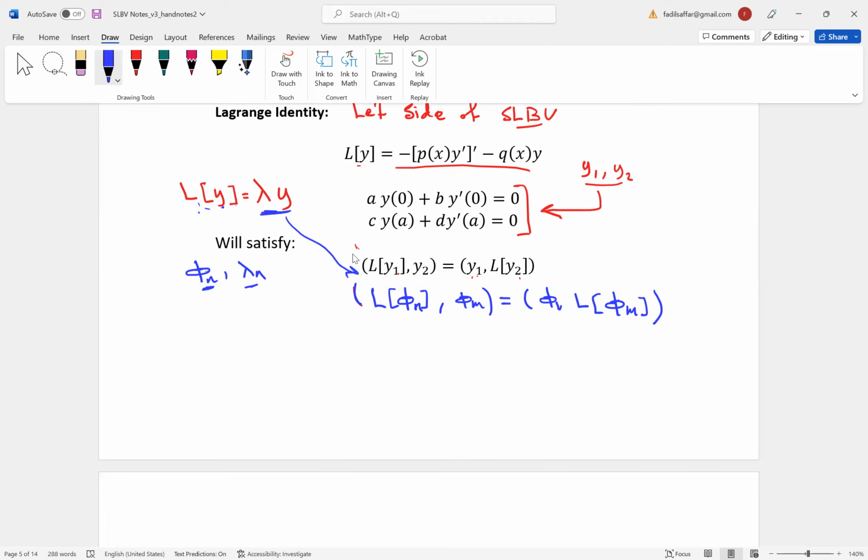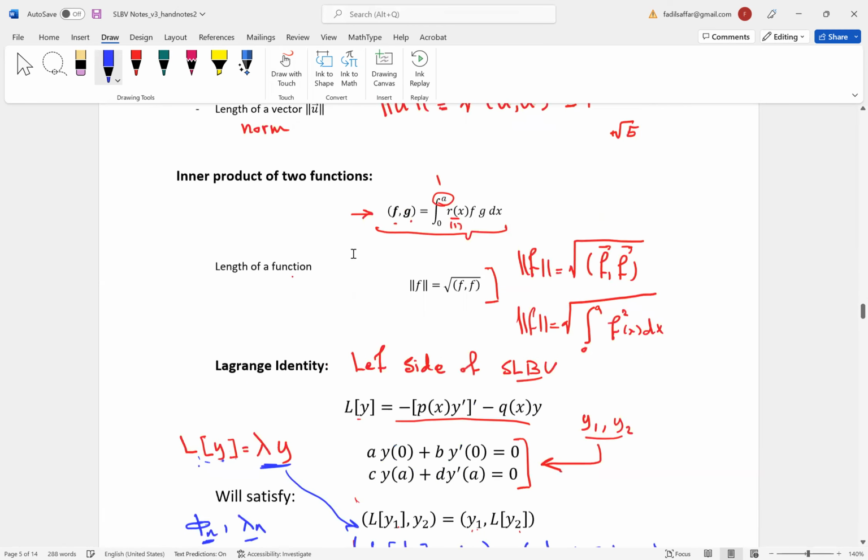So if we apply that to this inner product, L phi n will give us just lambda n times phi n, and then that's with phi m, and that's equal to phi n with L phi m, and again that one is just lambda m phi m.